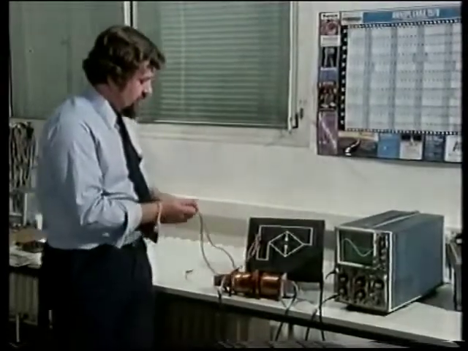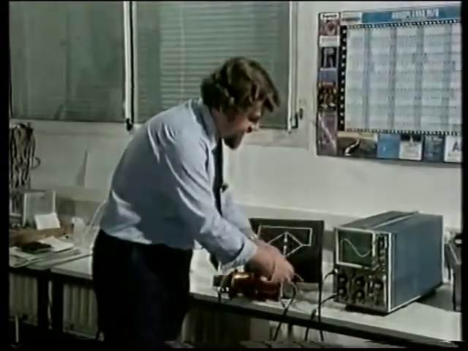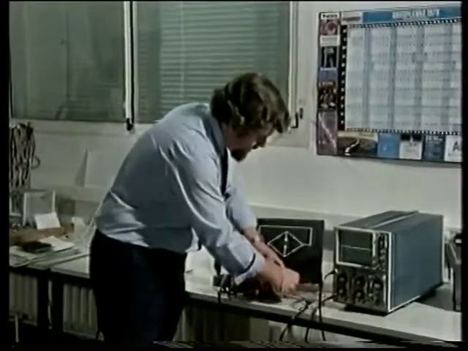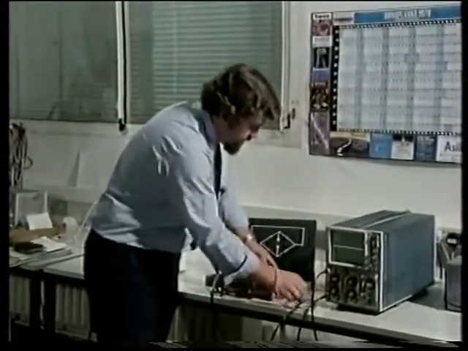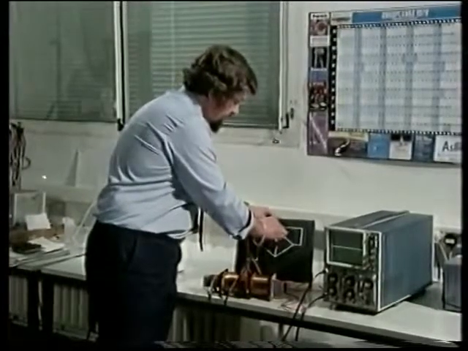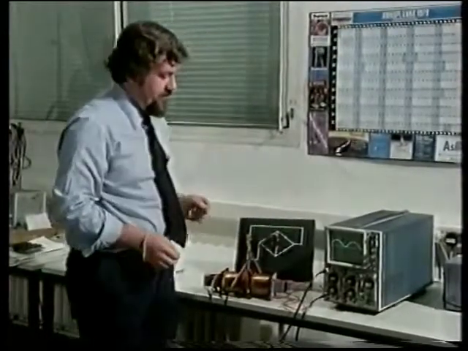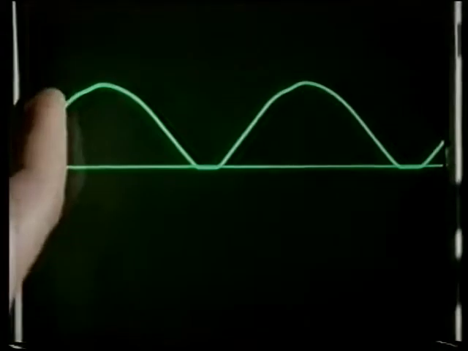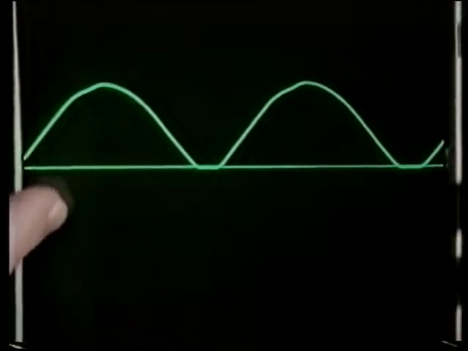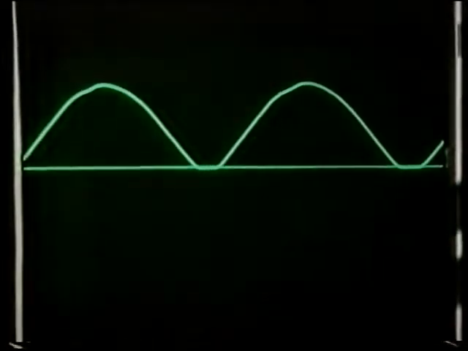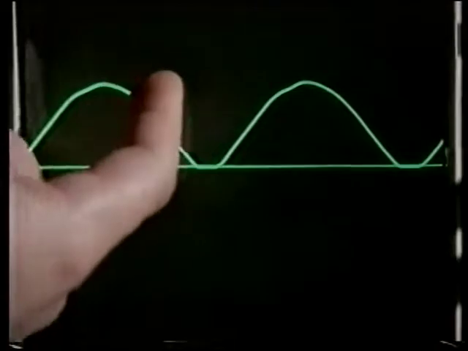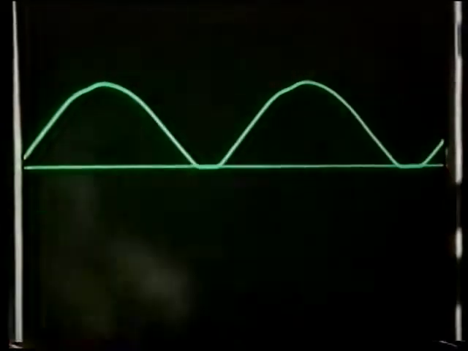So let me put the output from the transformer into the bridge and have a look at the output of the bridge on the oscilloscope. Now, as you can see, in this case, the waveform is all positive, so it will have a non-zero DC value. And we can use a low-pass filter to smooth this and so derive DC power for the amplifier.